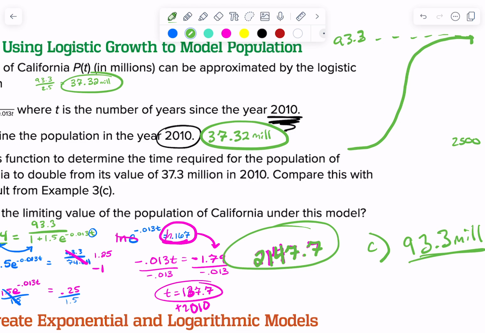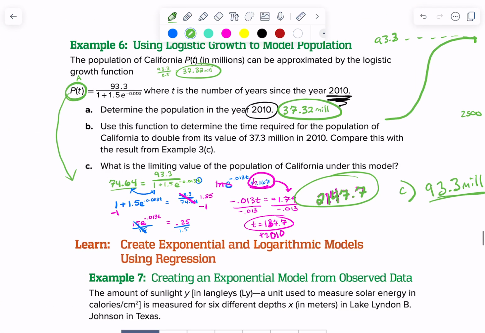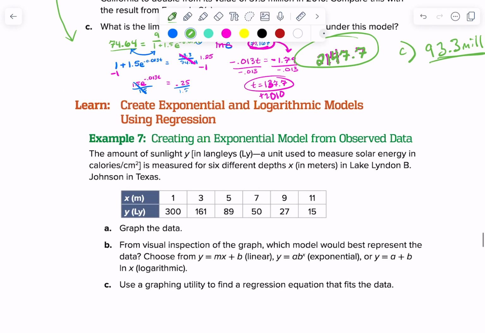We don't have enough room. We don't have enough food for all of those people. We will never reach that 93.3. We might get to 93.2, but we'll never actually reach that top amount. Does that make sense? So that's how a logistic function works. You solve it just like you would an exponential function, except you have to flip the bottoms. But otherwise, all right?